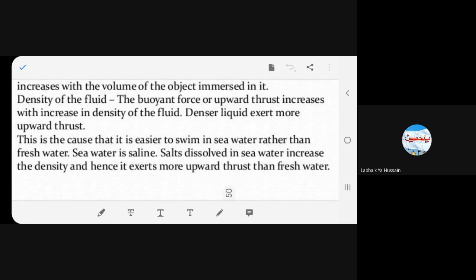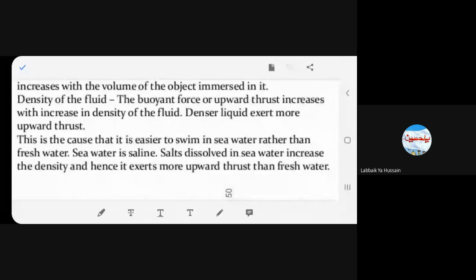Now you got the reason that in seawater you can float, but in fresh water you may sink. We may get drowned. You understand? But in seawater we may not get drowned because of the salt present in seawater. Because when the seawater is saline, it increases the density and hence the upward thrust is more as compared to lakes or ponds or river water.